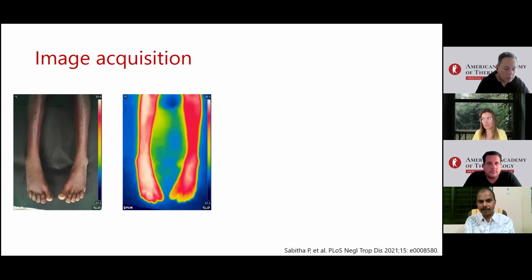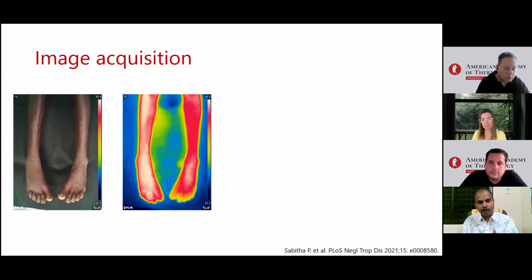Suppose the patient was bitten on the leg, we image both legs together. That standardizes the conditions. Irrespective of the environmental temperature, you have a similar part of the body imaged under the same conditions, which helps in comparisons. I understand this is called comparative qualitative thermography.